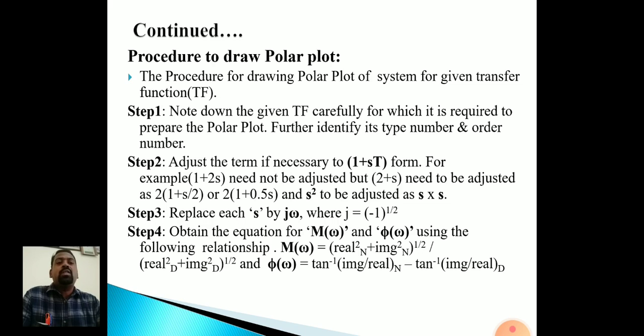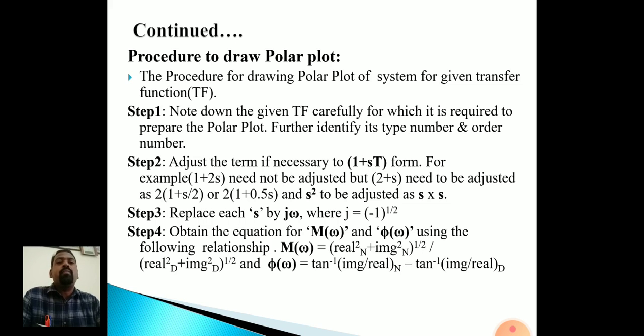And second step: adjust the terms, if necessary, to 1 plus sT form. If it is already in the 1 plus sT form, no need to adjust. If it is not, we adjust it into 1 plus sT form. That will make it easy to draw the polar plot according to this procedure. For example, 1 plus 2s need not be adjusted, but 2 plus s needs to be adjusted, as we take the 2 common.